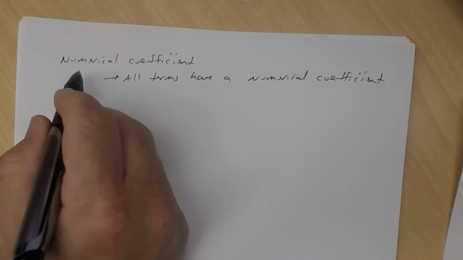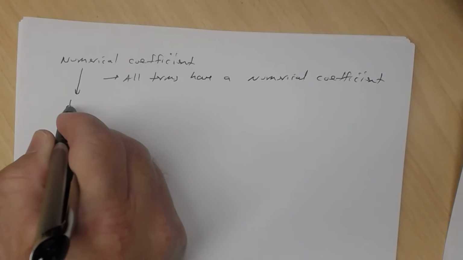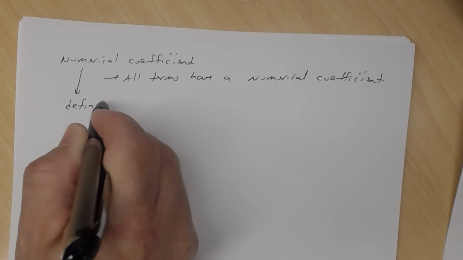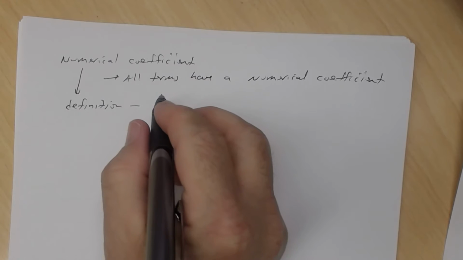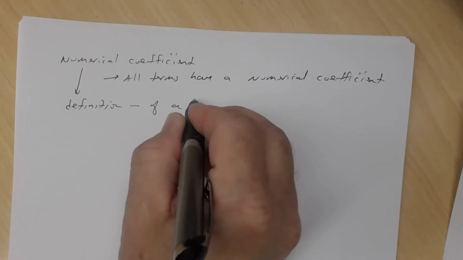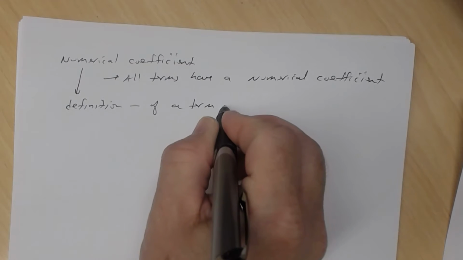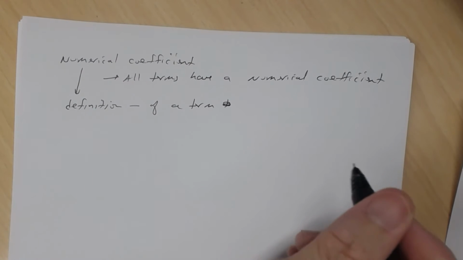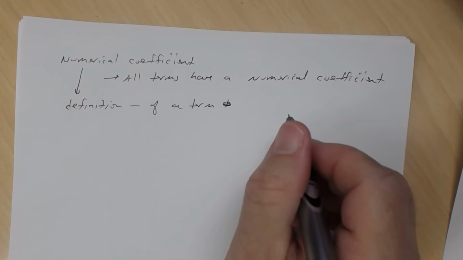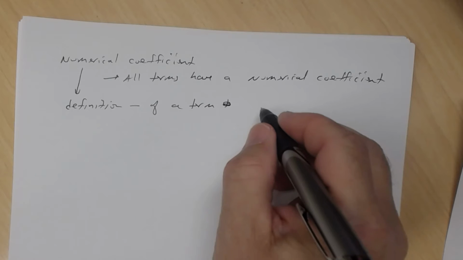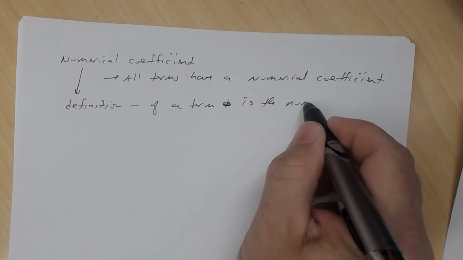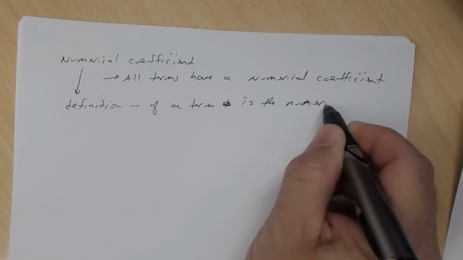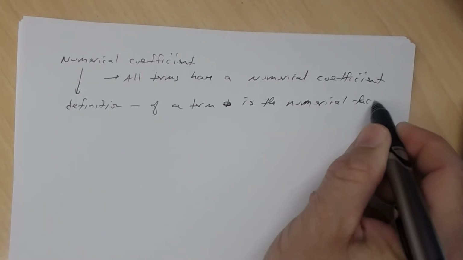So, a numerical coefficient, definition: the numerical coefficient of a term is the numerical factor.